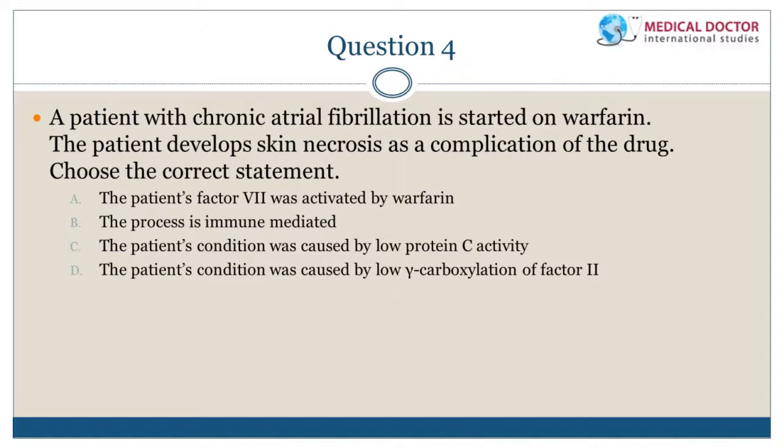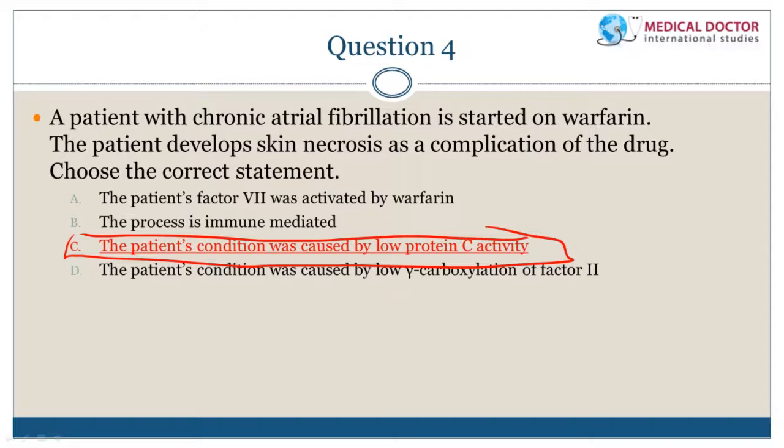Now, please take a moment and try to solve this question. And the answer is C. As we said before, in patients treated with warfarin, in the beginning, because the half-life of protein C is very short, shorter than the other vitamin K dependent factors, and because protein C has an anticoagulant effect, it is lowered first before the other factors.